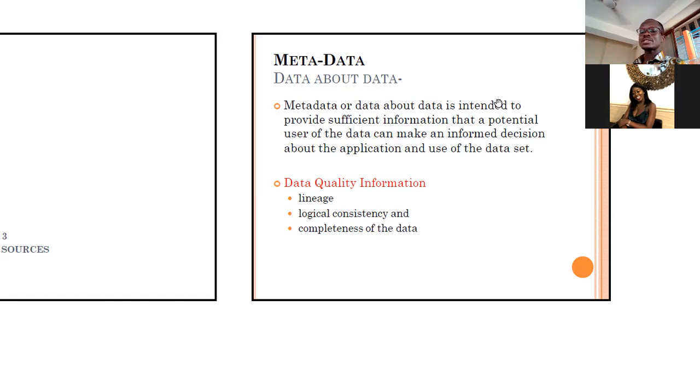Then logical consistency: the data should have that information associated with it, showing how this one relates to that one. Maybe I'm collecting data on speed limits, and the speed limits relate to class A roads only, something like that. That consistency has to be there.